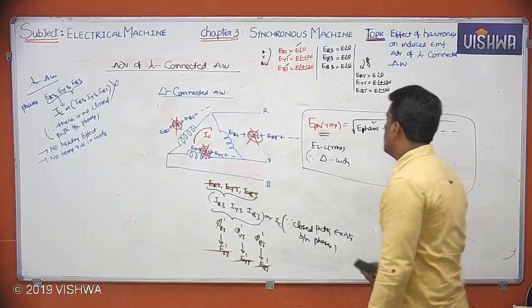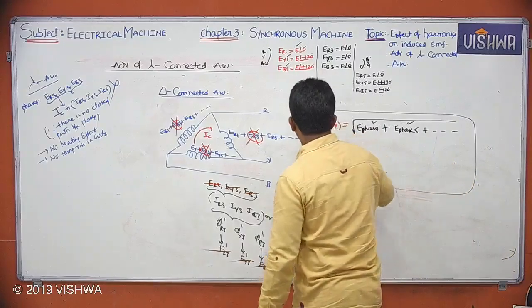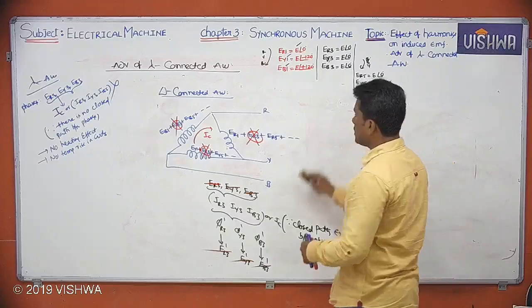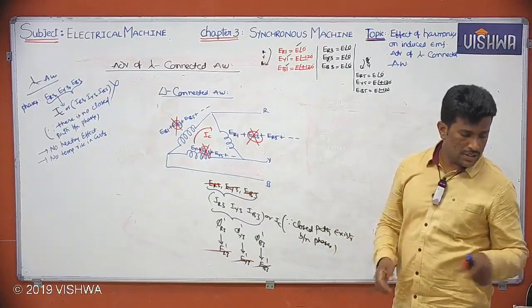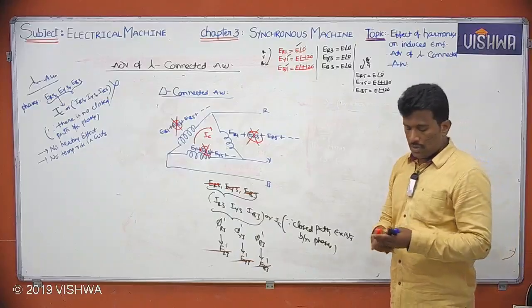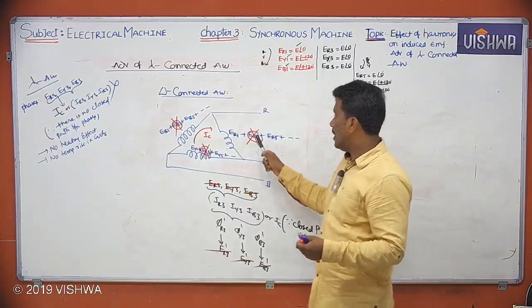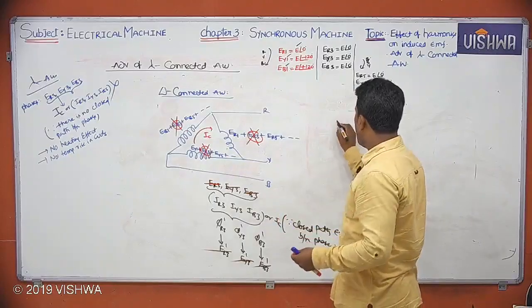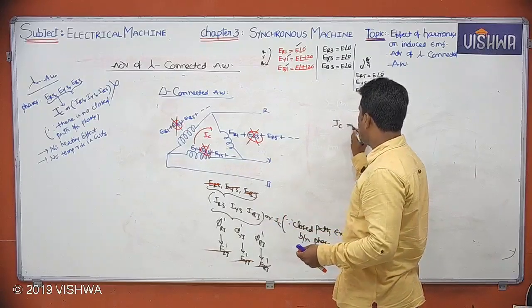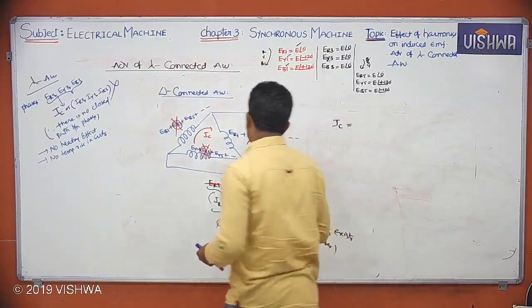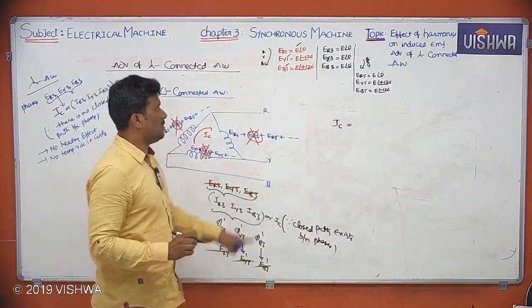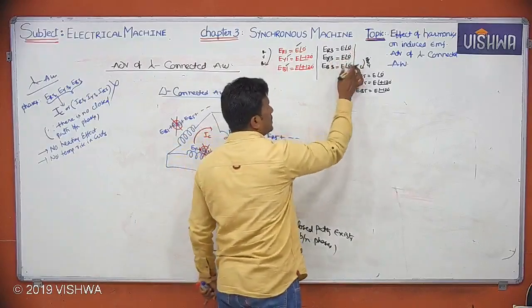Right. Now, please tell me what is the formula for circulating currents corresponding to ER3, EY3, EB3. IC is equal to what? You know, guys, ER3, EY3, EB3 are displaced by how much? 0 degrees.